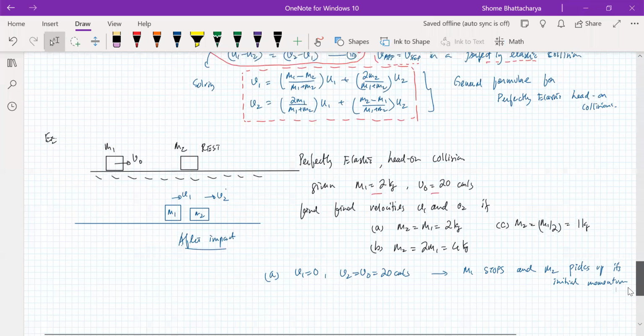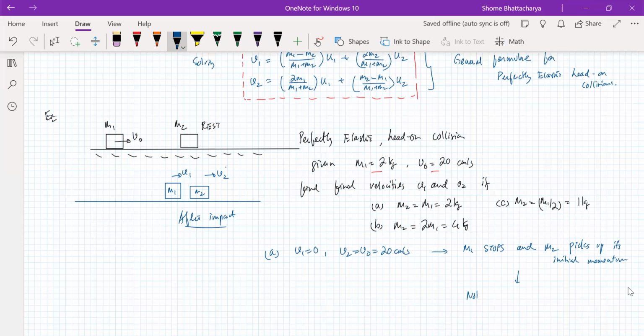So for M1 equal to M2 and a perfectly elastic collision, V1 becomes U2 and V2 becomes U1. That is, they exchange their velocities. That you can see from these formulae above. If you put M1 equal to M2, these two terms become 0 and these other two diagonal terms become 1.